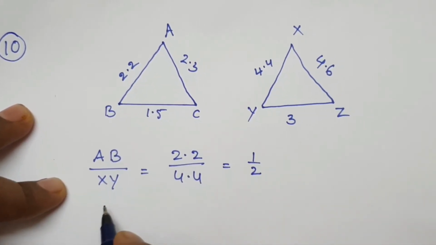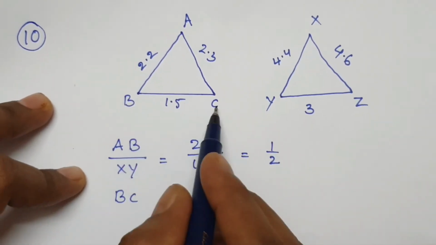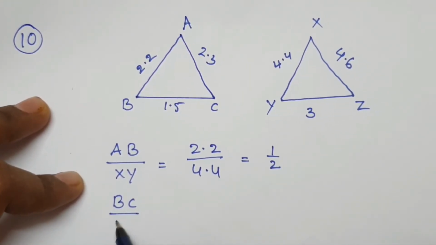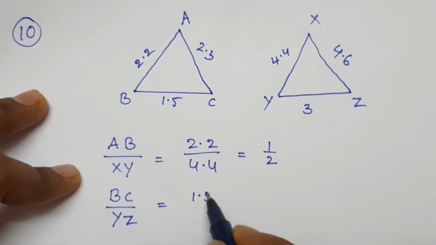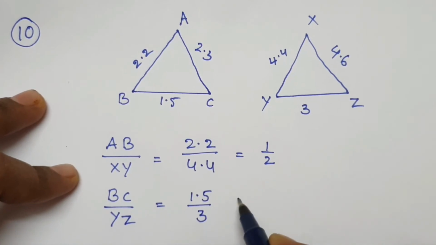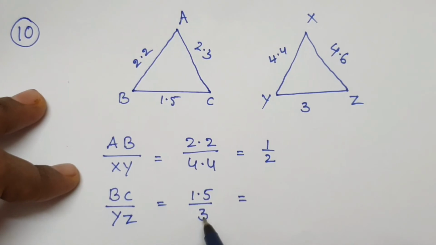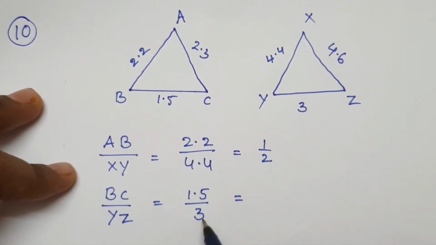Like that, another one, BC is to YZ. BC is to YZ is nothing but BC by YZ. BC means 1.5 by 3, equal to 1.5 means 15 by 10. Otherwise here 3, 1.5 plus 1.5 we get 3, 3.0.